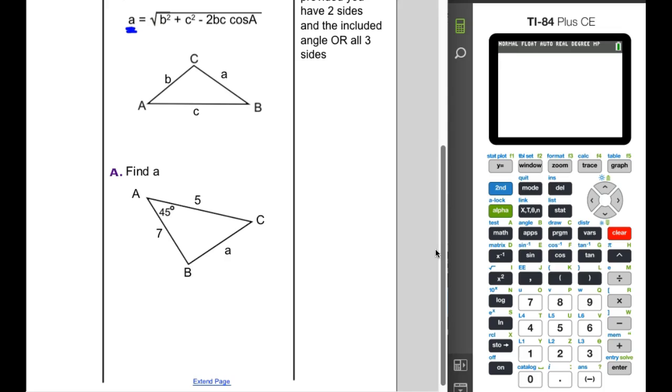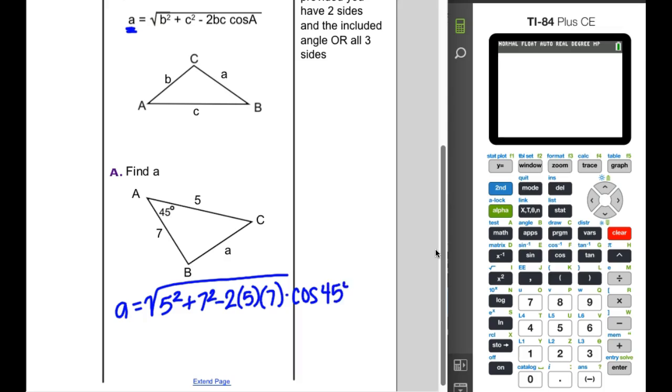So A is going to be equal to the square root of 5 squared plus 7 squared. It doesn't matter which one's B and which one's C because you're squaring them and adding them anyway. Minus 2 times 5 times 7 times the cosine of angle A, which is 45 degrees.